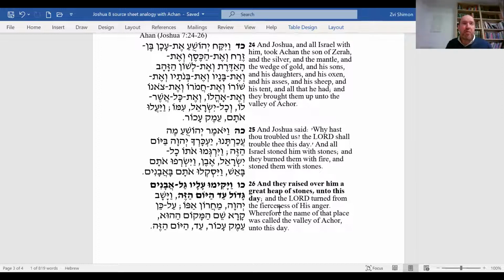But I most identify with the suggestion raised by other scholars, amongst them Josh Berman, who believes that this analogy is meant to depict before the reader a parallel between Achan and the king of Ai, depicting both of them as two types of enemies or dangers that lie before the people.